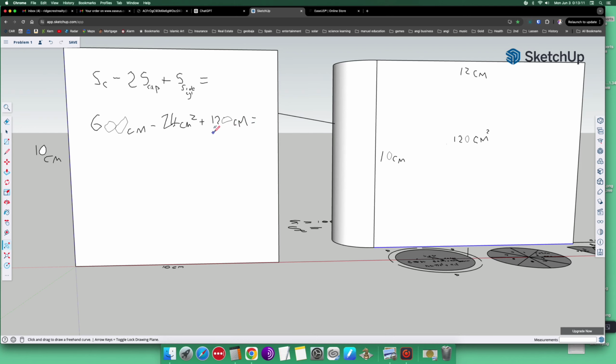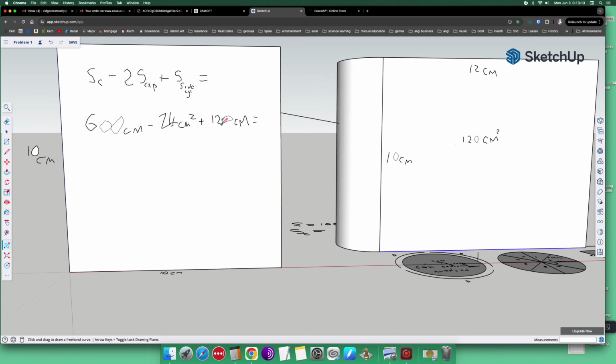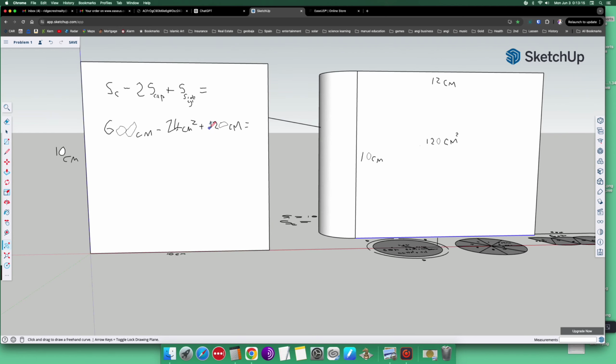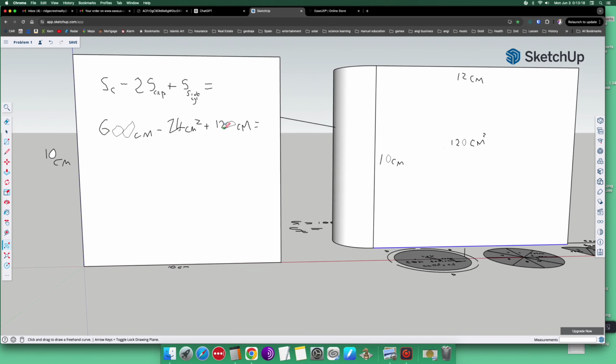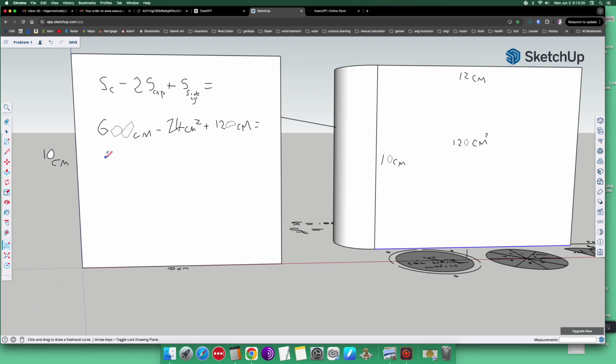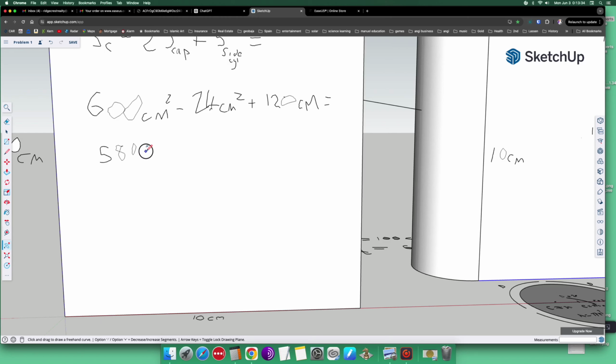Well, let's take the easy part. If you take 600 and subtract 100 and then subtract 20, we'll be at 580, and by the way, this is centimeters squared.